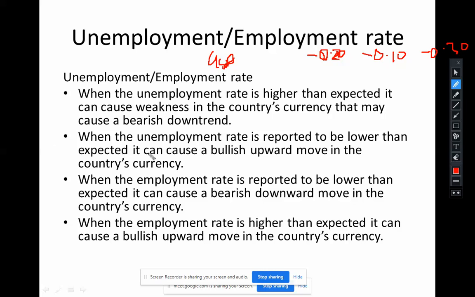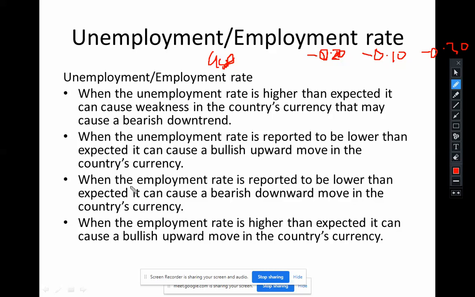Okay, so when the unemployment rate is reported to be lower, that means the unemployment rate has reduced more than expected. It can cause a bullish upward move in the country's currency. But look at the vice versa, which is the employment rate. Most of the time you'll be seeing employment or unemployment rate, so both of them are the same.